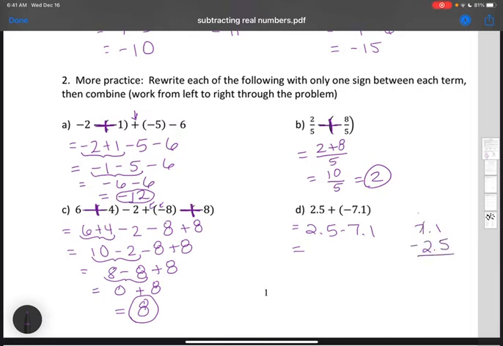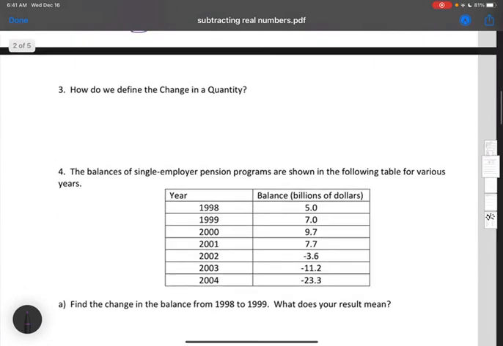Okay, so I'm going to do the subtraction real quick. So I'm getting 4.6, and I know it's negative because it's 2.5 minus something bigger than that 2.5. So it's a minus 4.6 is my final answer. All right, very good. Go ahead and turn the page.